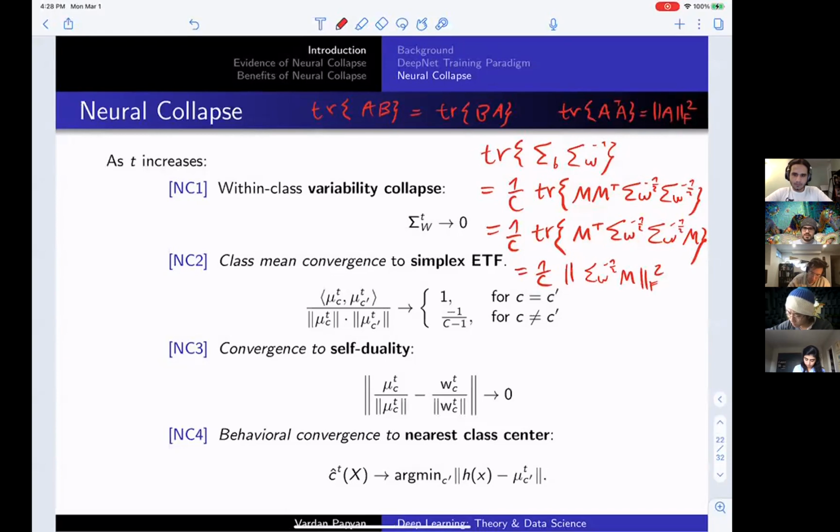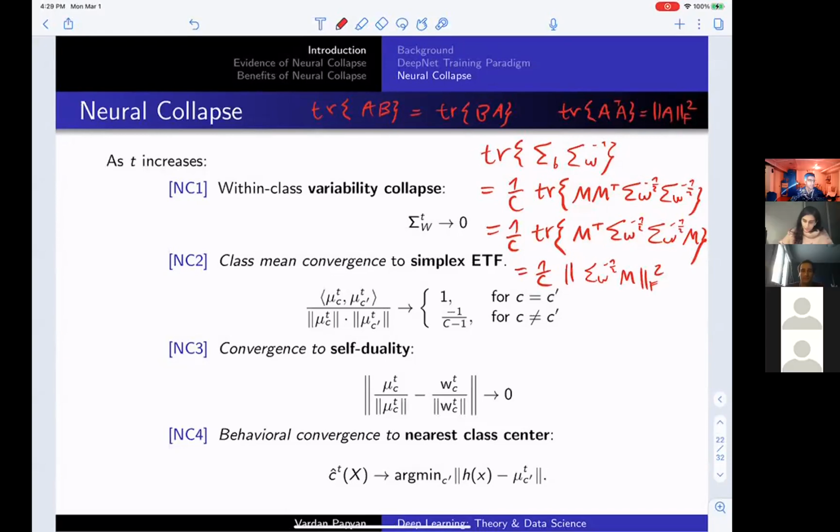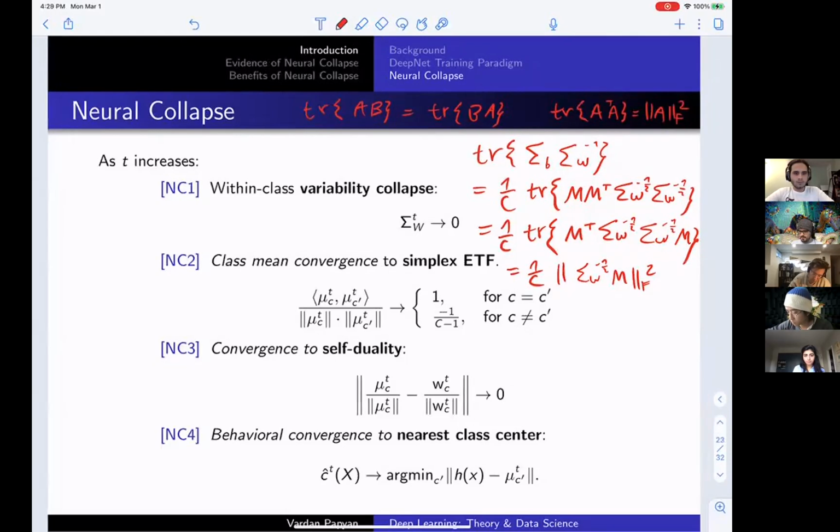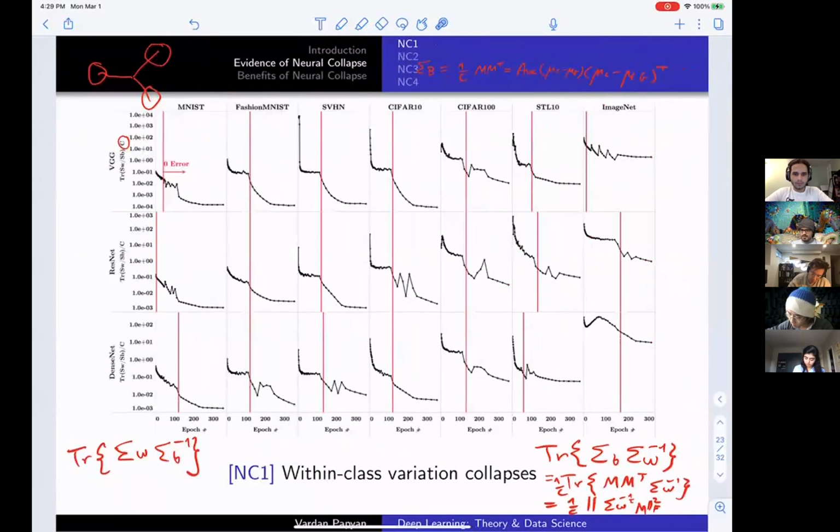Does this make more sense now, Karen? It does. Okay. And so this quantity is just the inverse of this quantity, right? And this quantity is much more pleasant to work with empirically. So that's why we measured this quantity.